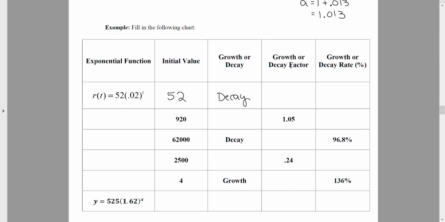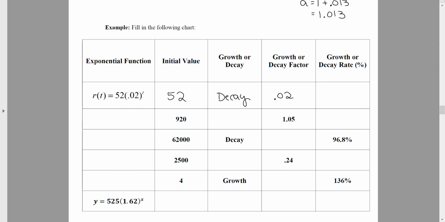The growth or decay factor, remember, factor means what are you multiplying by? Factor is the multiplication part here. So we're looking at our factor of 0.02. Our growth or decay rate, now that's a percent. And remember our formulas.